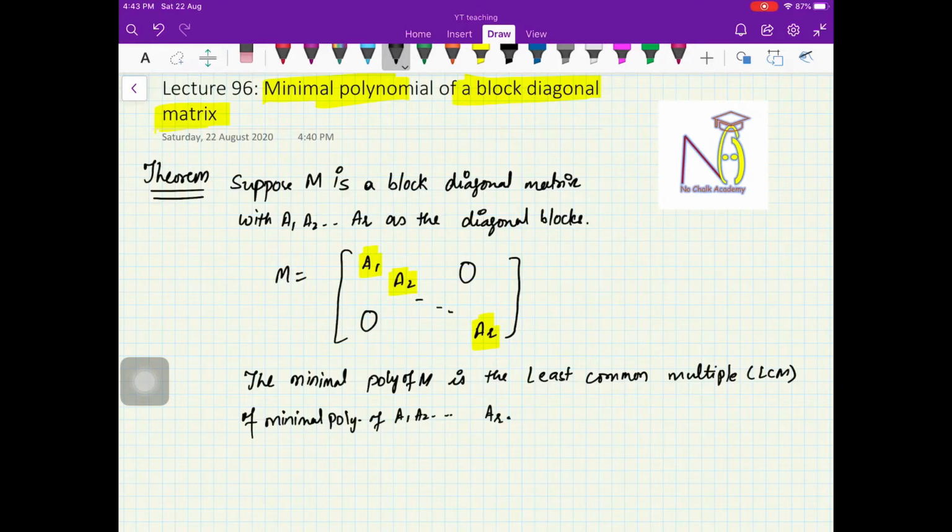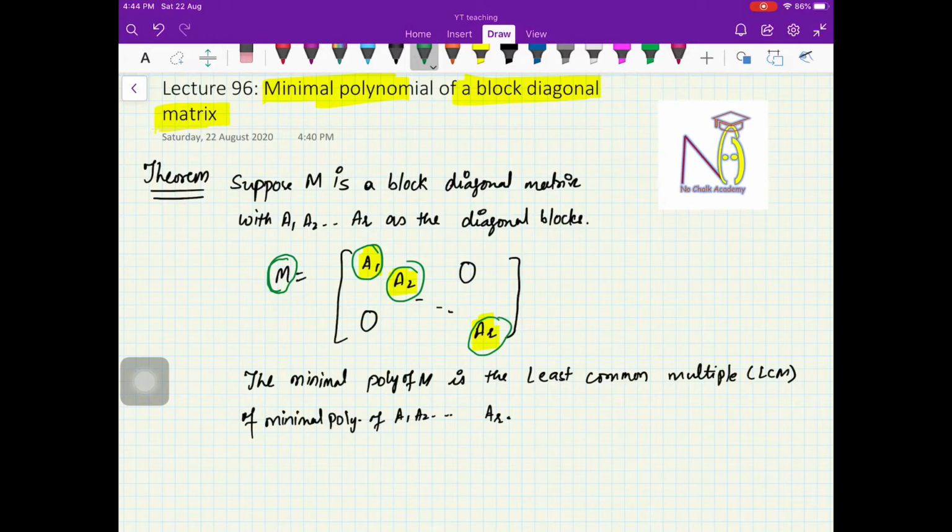So what you have to do is find the minimal polynomial of A1, of A2, and of AR. Then you take the least common multiple of all these polynomials. You will get another polynomial, and we are claiming that that polynomial is the minimal polynomial of M.